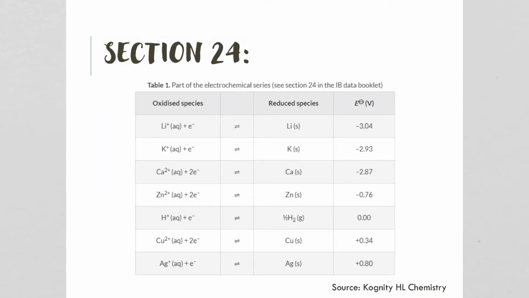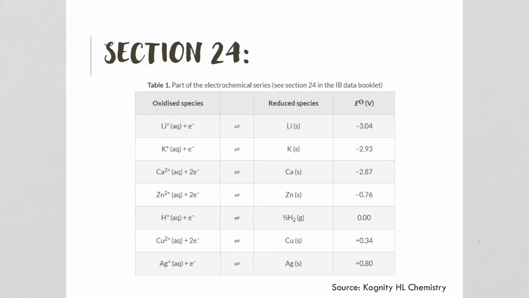So this is just a small portion of the data table in section 24 of the IB data booklet. Here are some examples. The oxidized species would be the lithium ion and an electron. The reduced species would be lithium solid. The voltage is negative 3.04.